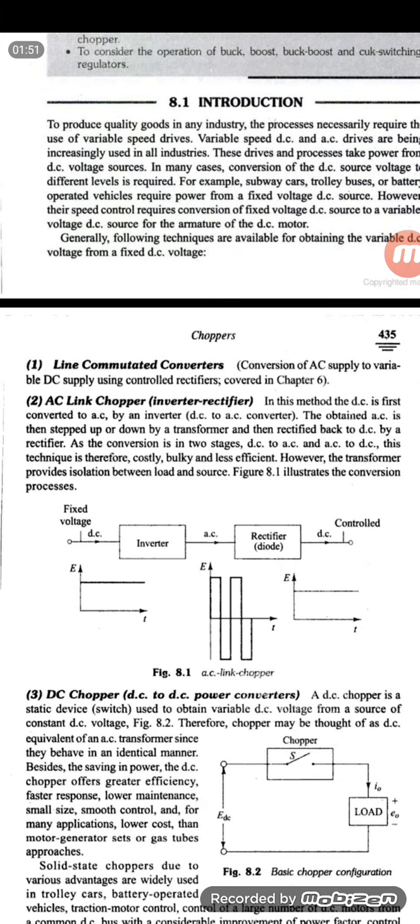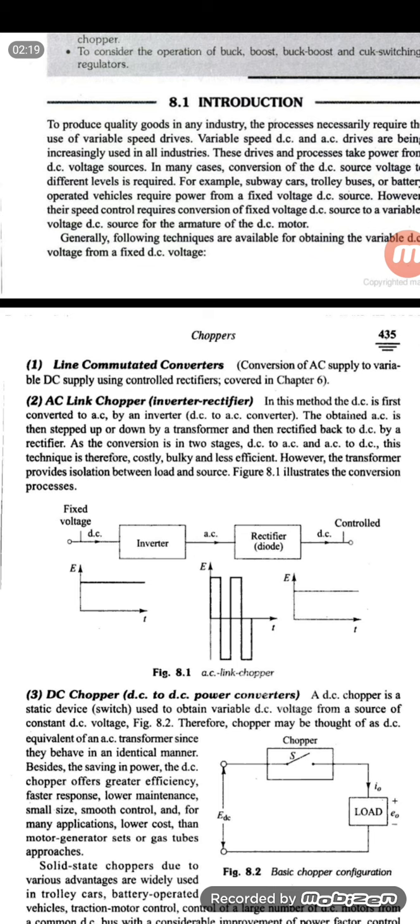Line commutated converters: conversion of AC supply to variable DC supply using controlled rectifiers. What is meant by line commutated converters? In AC, after reaching 180 degrees, the sinusoidal supply goes in the negative direction.